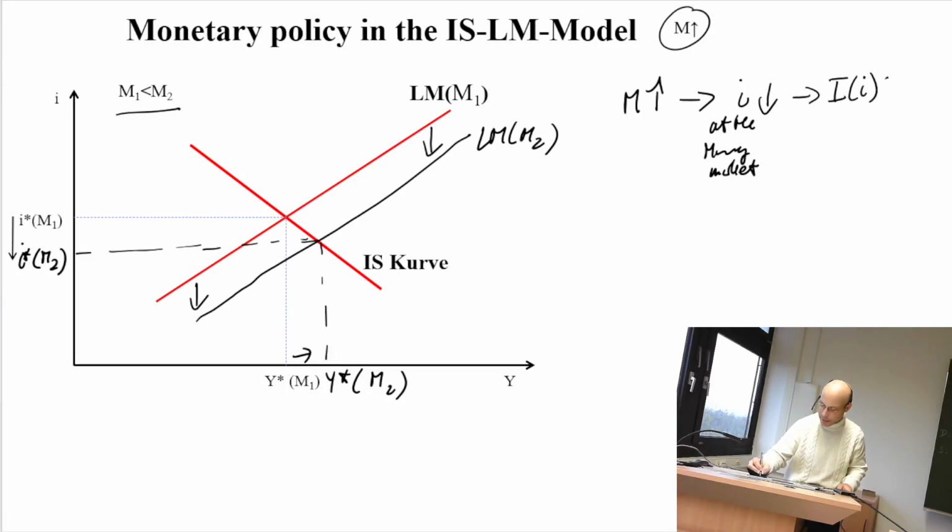Then I of i is increasing because of the negative dependence of investment on the interest rate at the commodity market. And of course, if investments now increase, we have the increase of Y in total.